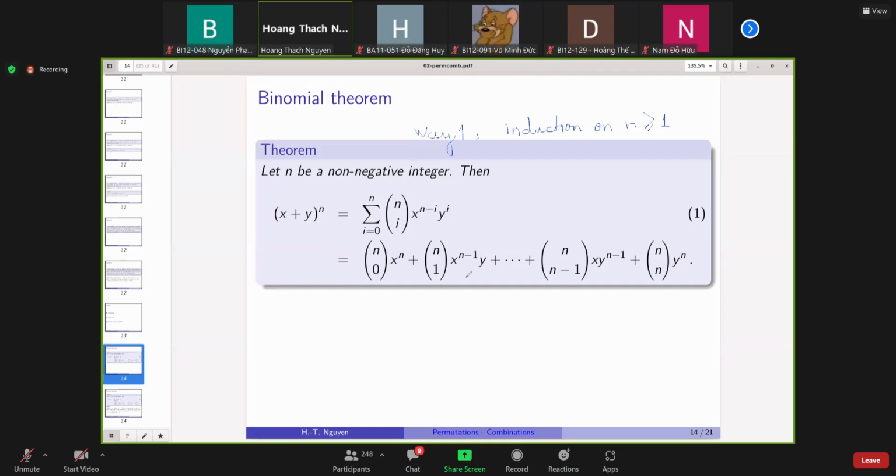In order to prove this identity, let's look at a generic term of the right-hand side, which is n choose i, x to the n minus i, y to the i. When you develop this, you write the left-hand side as this product.